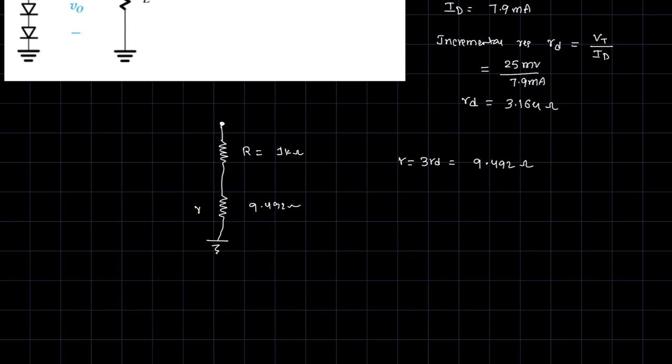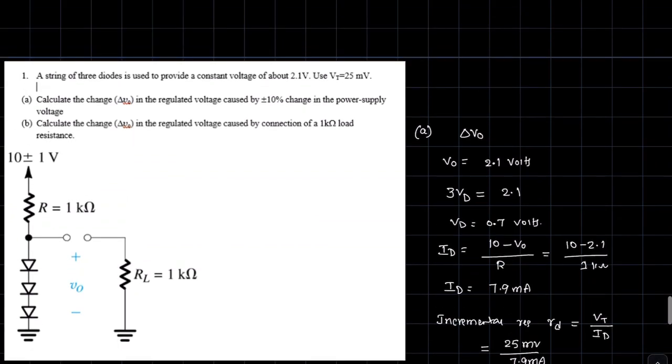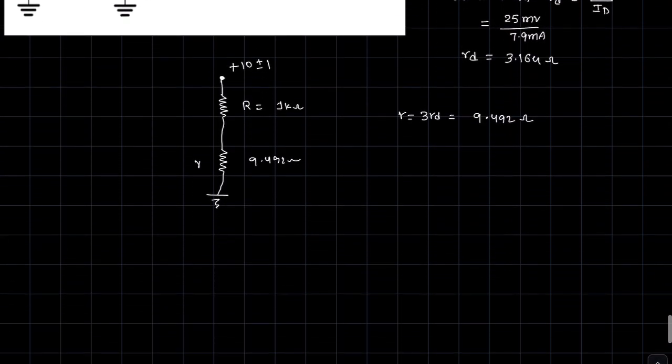Here it is given 10 volts plus or minus 1 volt, so the input voltage is varied by 10%. This is V naught, that is V out, the output voltage. Let's calculate the change in output voltage by applying the change in input voltage, delta V in.